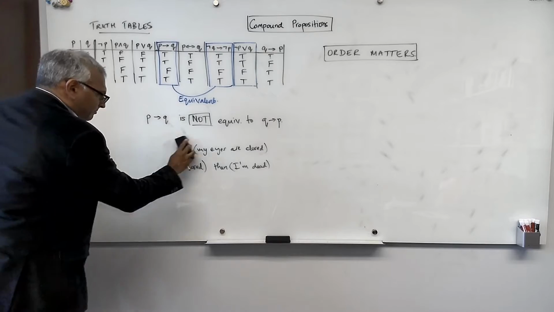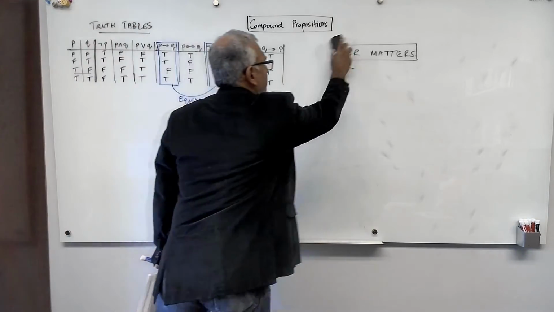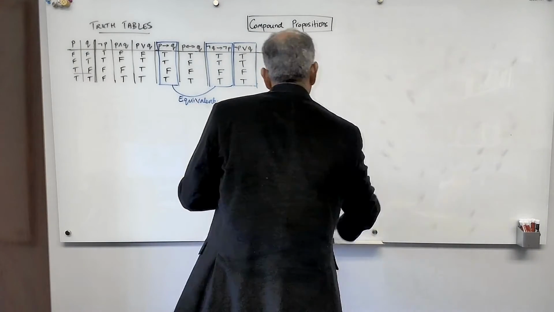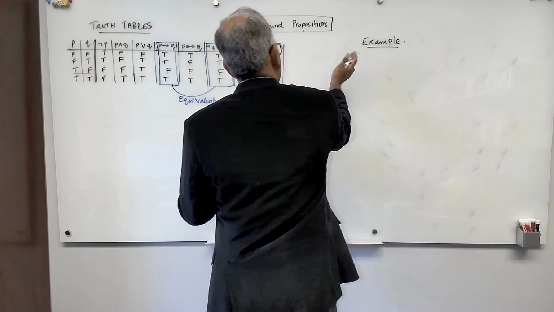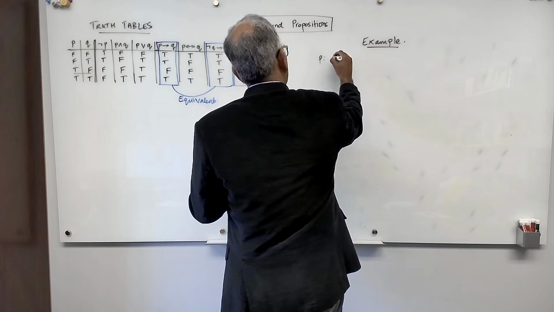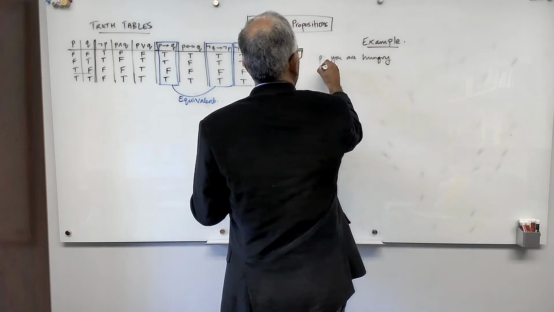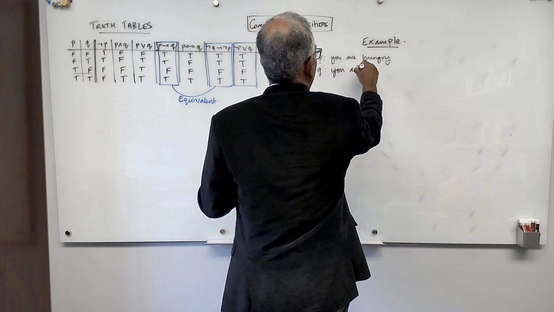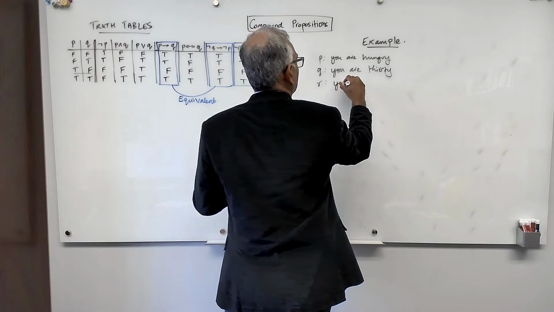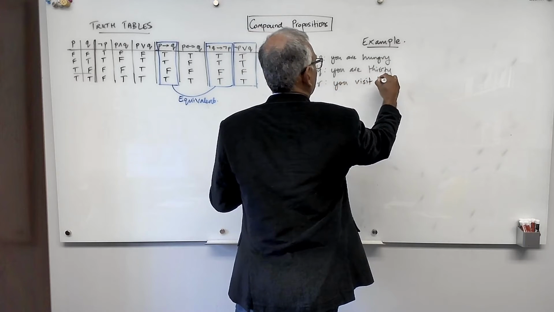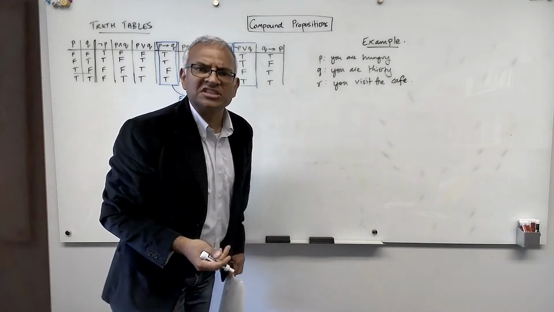All right, let's consider a slightly more complex example. So let's define some statements. P: you are hungry. Q: you are thirsty. R: you visit the cafe, or if you're in school, you visit the cafeteria.